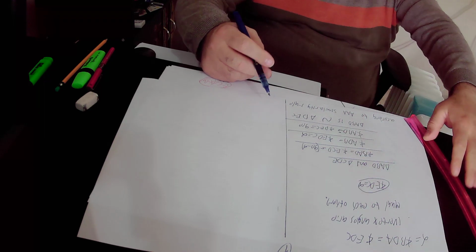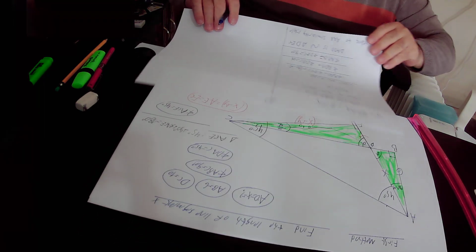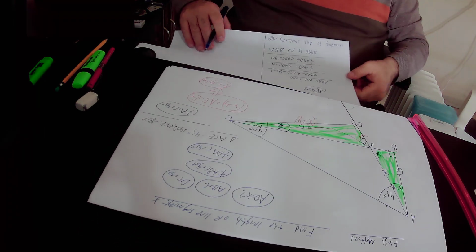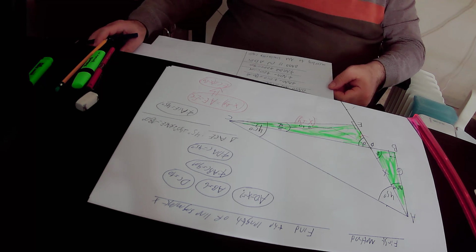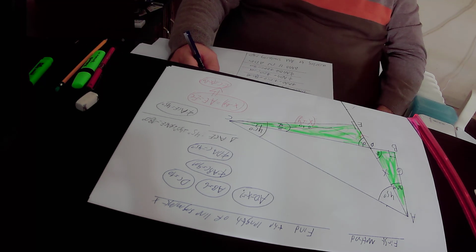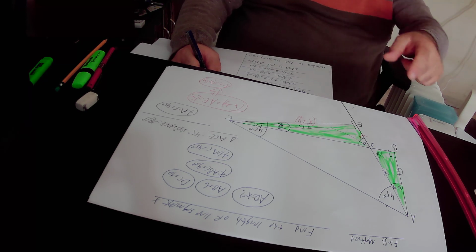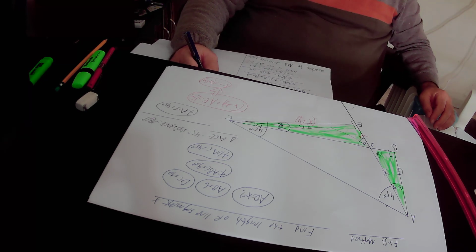And from the fact that those two right green triangles are similar to each other, we will conclude that the following relationship exists between their sides.